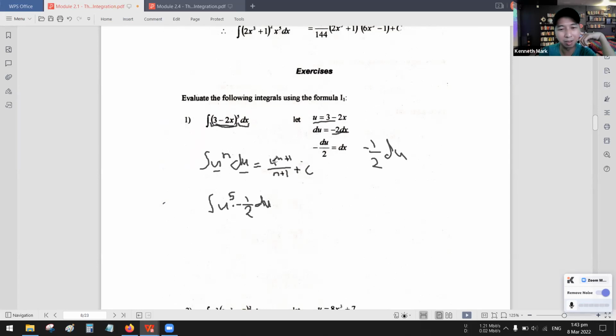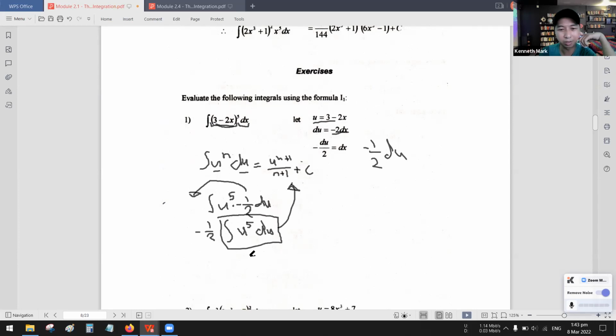Then, we can proceed with the power rule of the integral. So, ilabas natin yung constant dito sa labas. So, meaning you will have negative 1/2 integral of u raised to 5 du. Yun na yun. So, i-integrate natin to using this one.